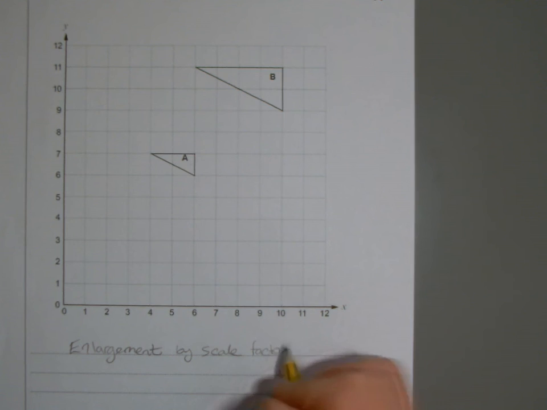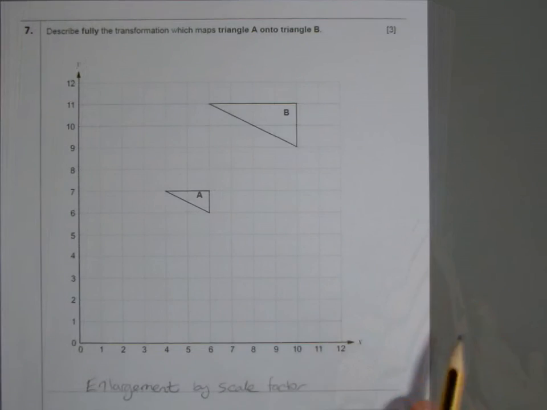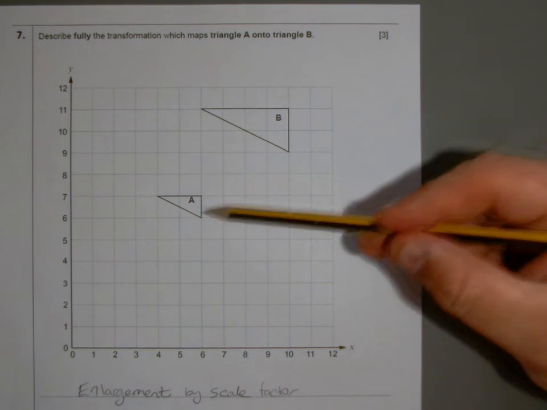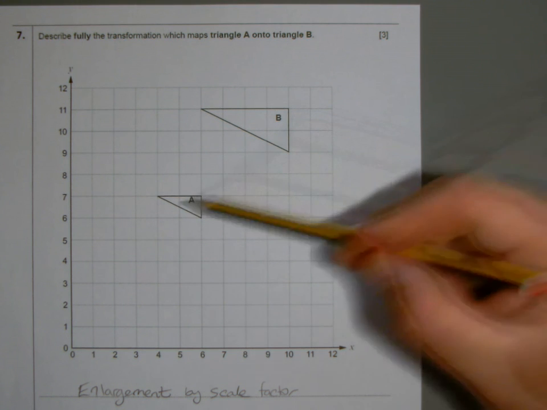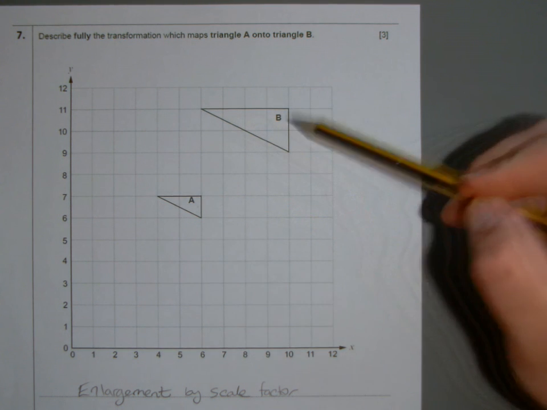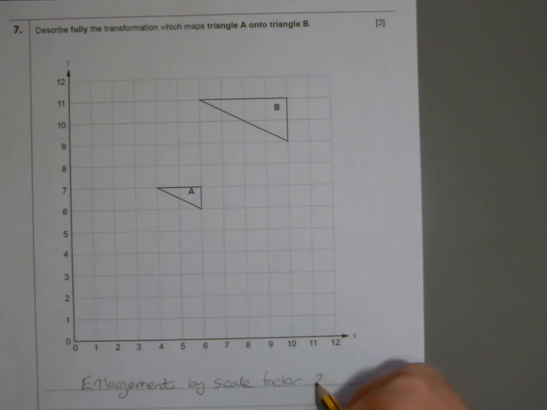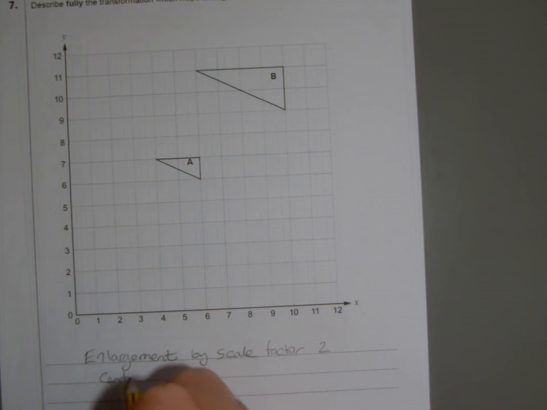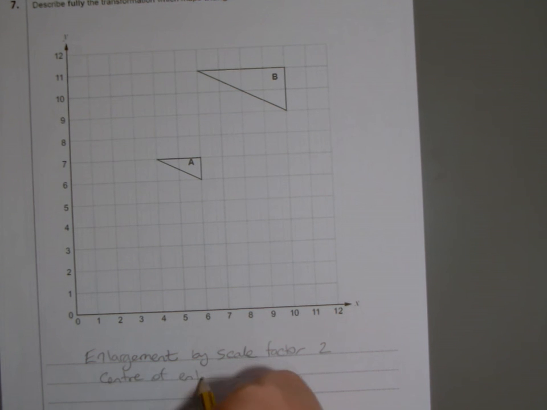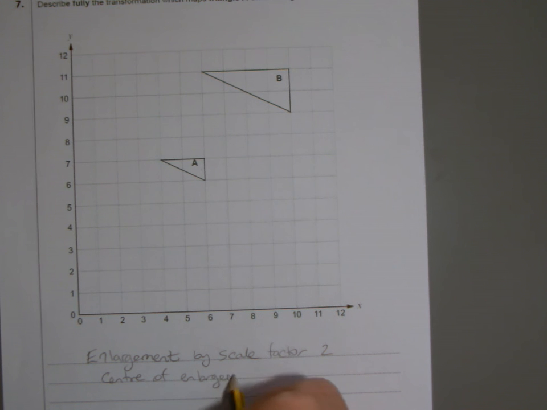So what's happened to it to get from A to B? What's happened to the length? Look at the sides. That's all you're going to do. That's of length 1, and it's been enlarged to length 2. That's of length 2, and it's been enlarged to length 4. So scale factor 2, it's doubled. But we also need the centre of enlargement. We also need that to get the full marks.